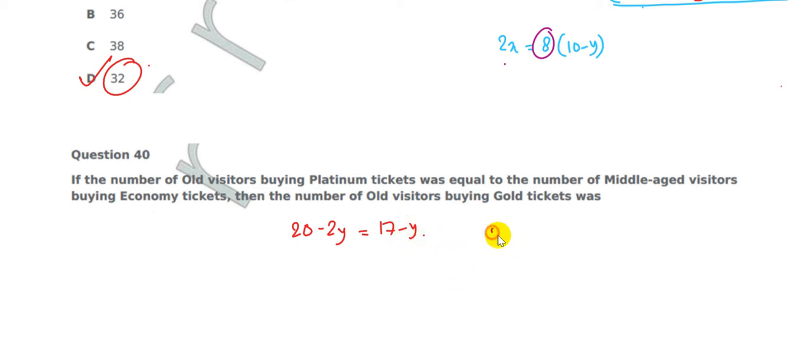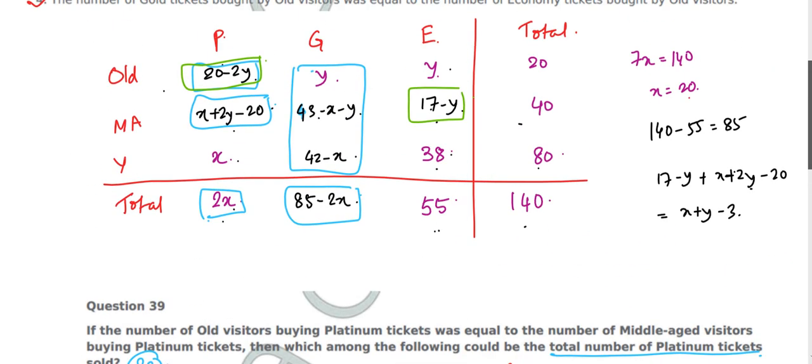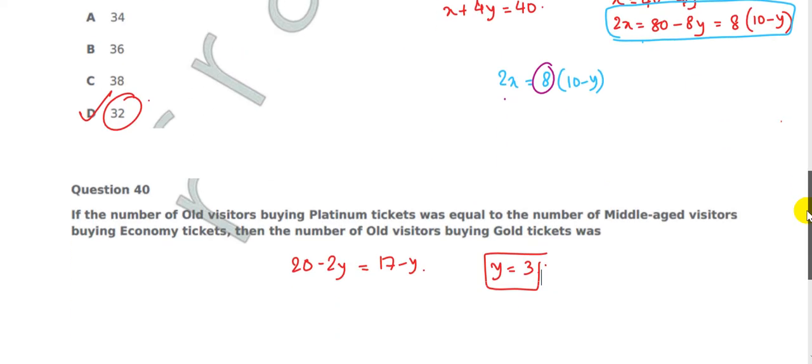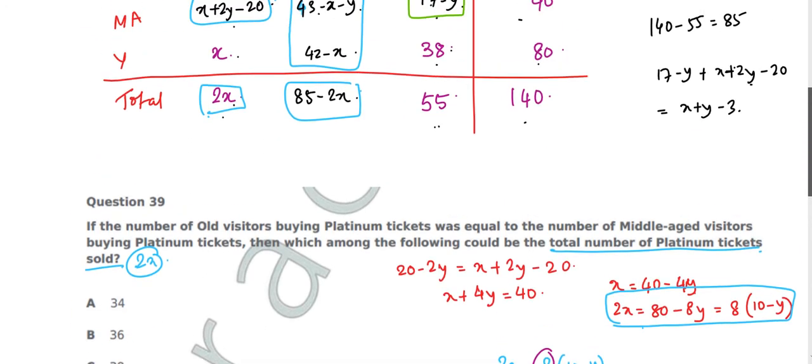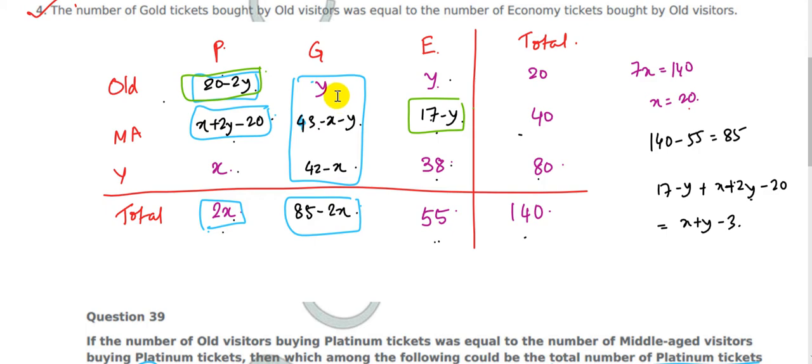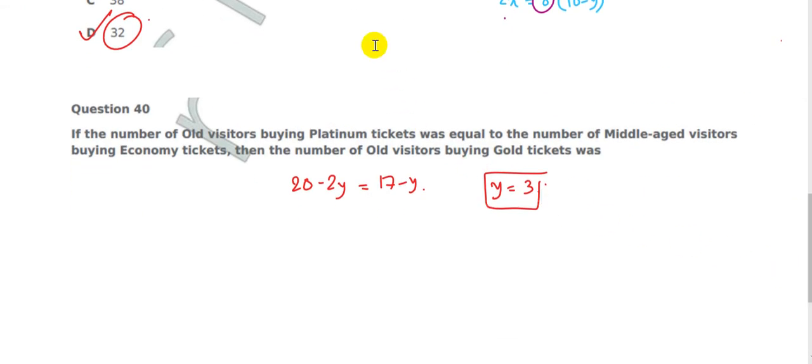So that means y equals 3, right? Y equals 3. Then the number of old visitors buying gold tickets, old and gold. So old and gold is y, so that would be 3. Clear?